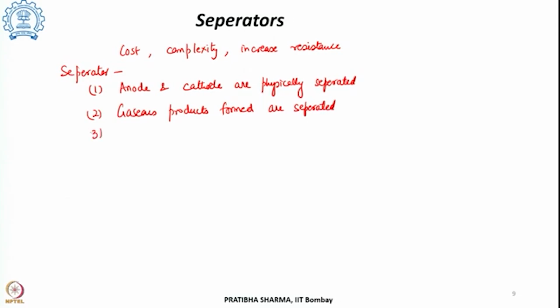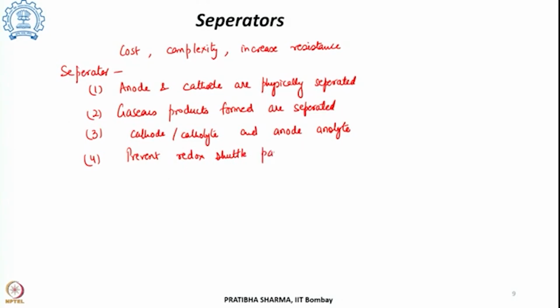At the same time, we can use independent catholyte and anolyte in the presence of a separator. It can also prevent the redox shuttle, which is in fact parasitic in nature.